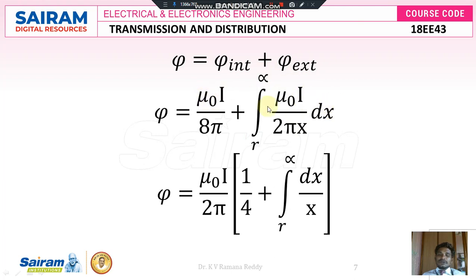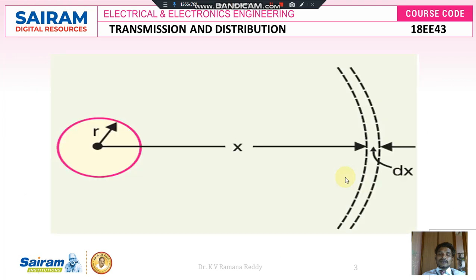In these two equations I am going to take mu naught into I by 2 pi common. The remaining left hand term will become 1 by 4 and the right hand term becomes the integral from r to infinity of dx by x. So psi is equal to mu naught into I by 2 pi of 1 by 4 plus the integral from r to infinity of dx by x, which is the overall flux linkage formula for one conductor, because of external and internal flux linkage.